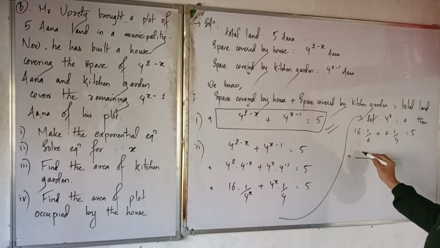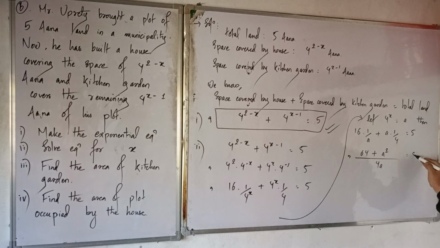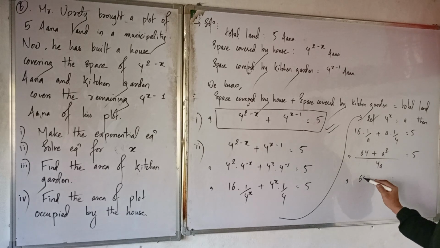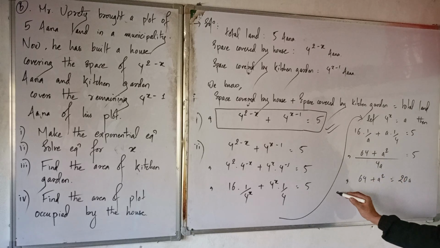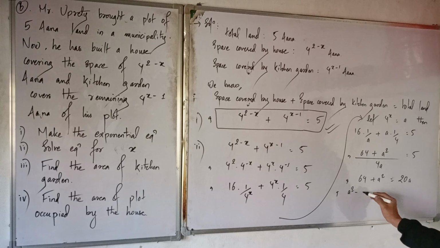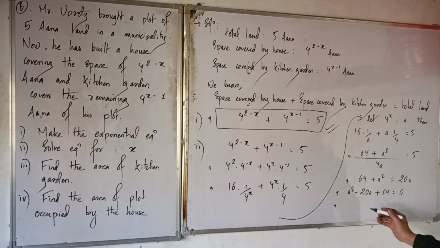So 16 times 4, 64, plus a square is equal to 4 fives are 20 times a. Now bring everything to the left hand side, so try to bring this into the standard form. a square minus 20a plus 64. Okay, 16 times 4, 64. 16 plus 4, 20.